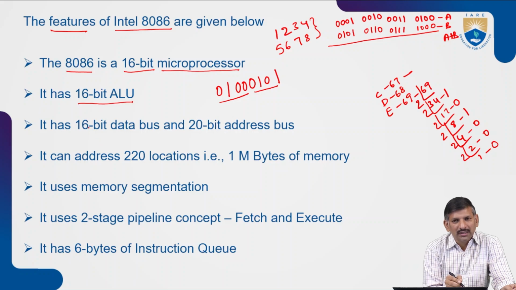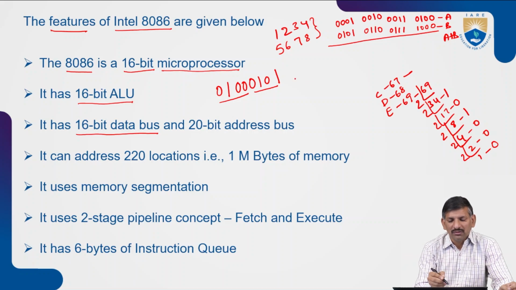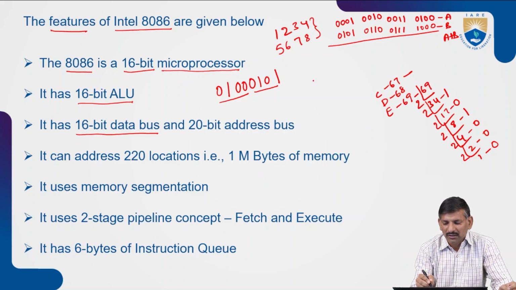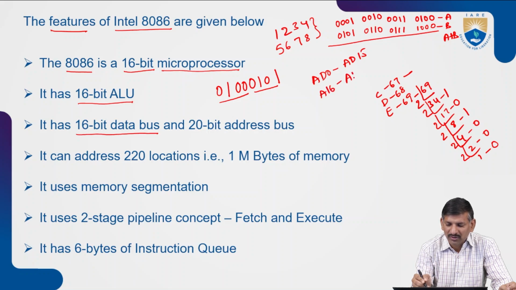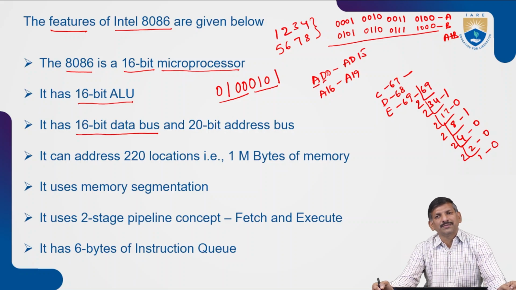Next, it contains a 16-bit data bus. If you look at the pin diagram of the 8086 microprocessor, it contains AD0 to AD15 pins and A16 to A19 pins. Here A indicates address pins, D indicates data pins.